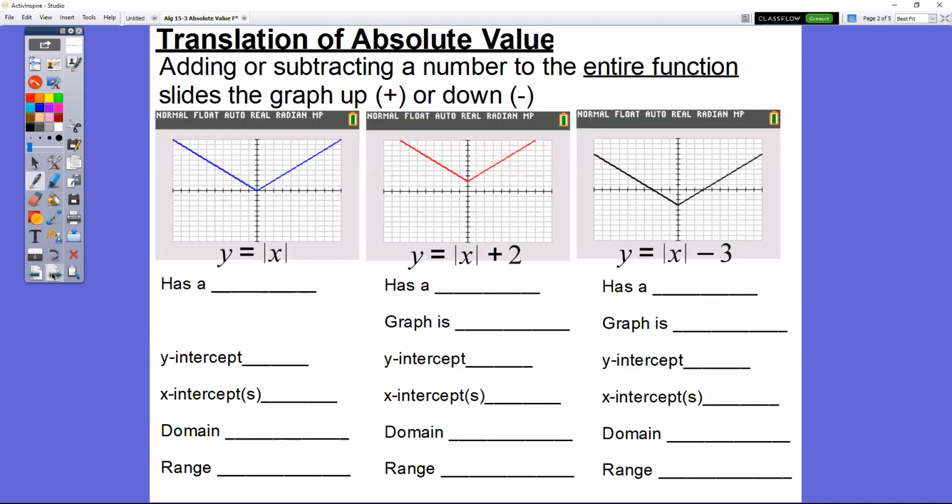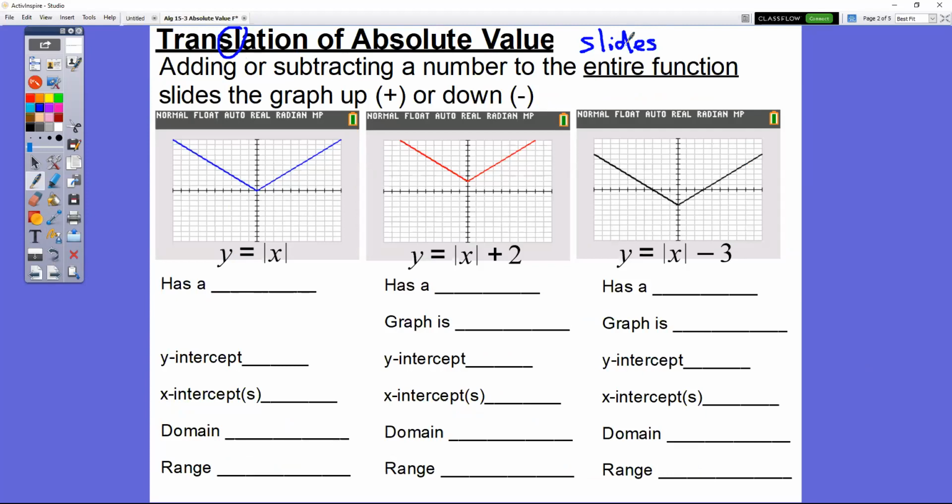If we go to do a translation, I have to think back to when we did this. A translation slides a picture. It moves it to the left, to the right, up, or down. It just takes it from one place on the graph to a different place on the graph.